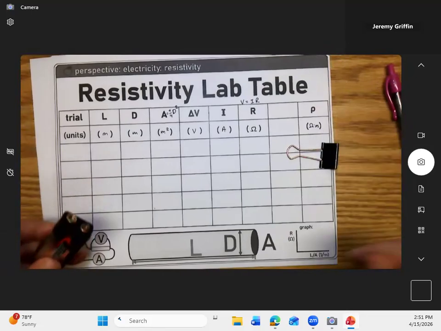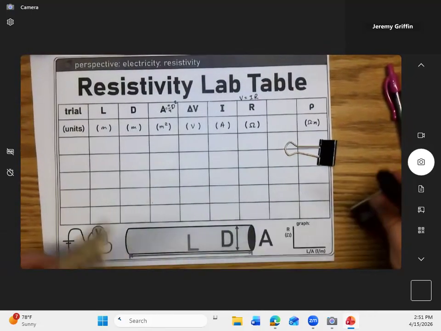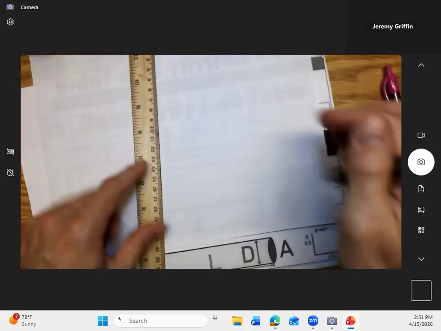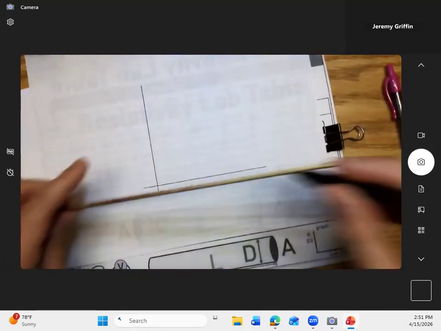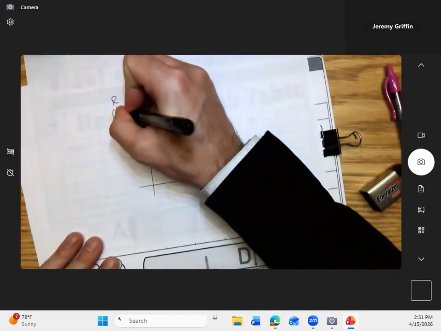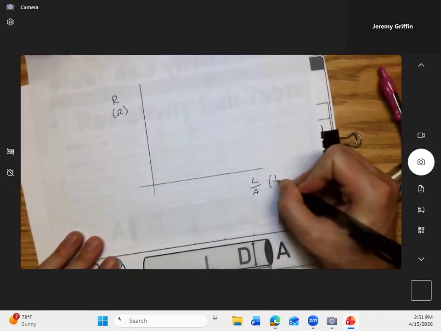And then you guys see where it says make a graph right there? Well, you have a whole backside of this lab, so go ahead, flip over and make this graph right here. Try different dimensions of this Play-Doh cylinder. So let's go resistance in ohms versus length over area, which would be in 1 over meters.